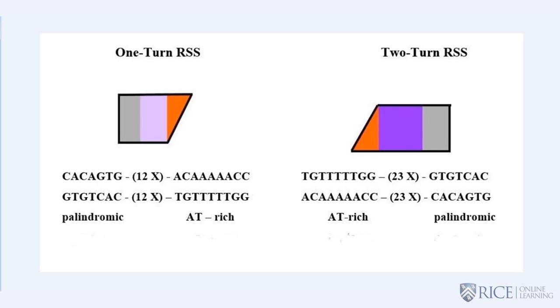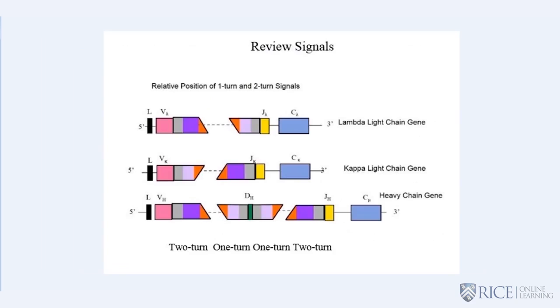Now, if we go back and take another look at the signals, we'll see we have a bit more complication with the heavy chain. The first thing we're going to do is put together the D and the J, but notice there's no way on this one at least to, for example, put 2 D's together, or likewise skip the D and put the V and the J together, because that would put 2 two-turn signals together, and that's a no-no.